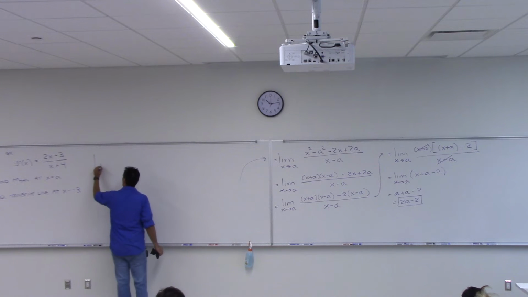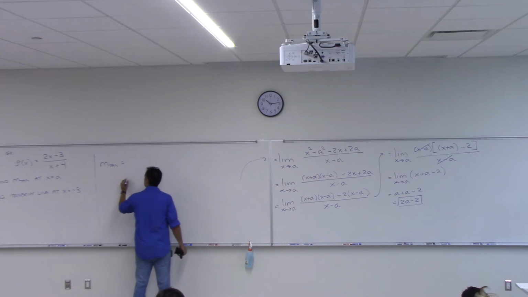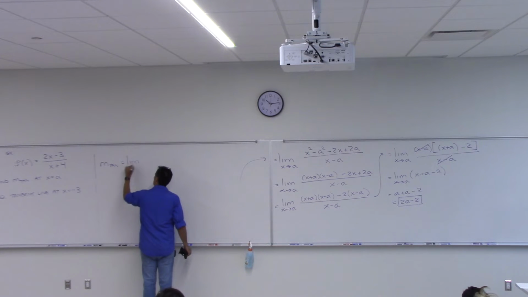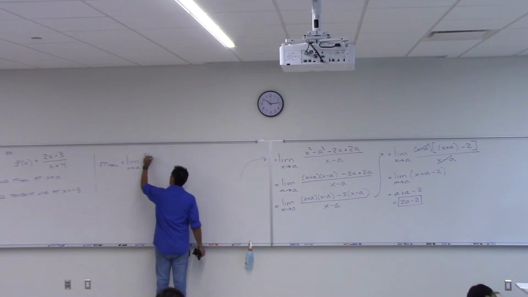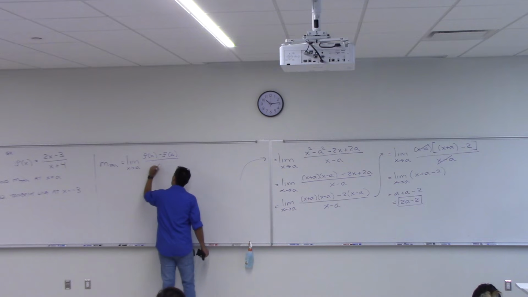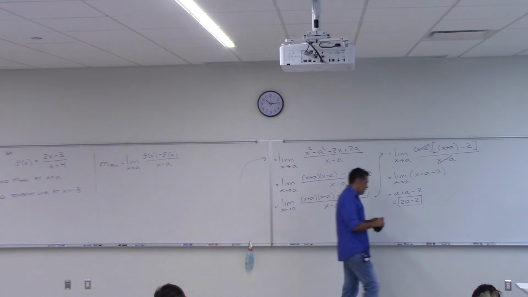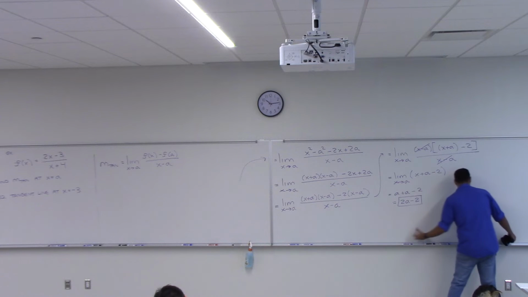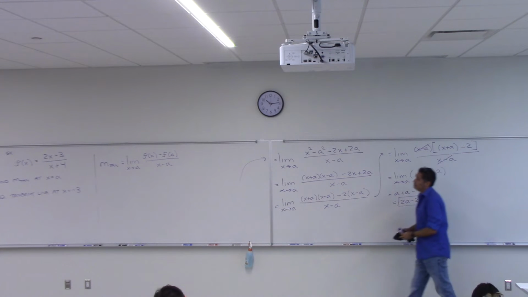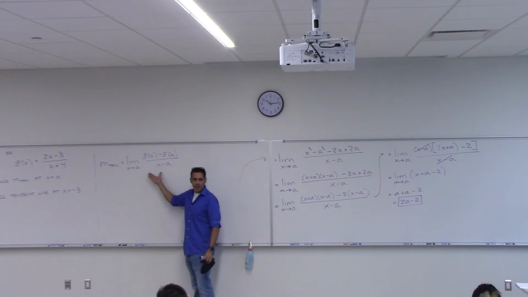So first thing, I write the definition. Limit as x goes to a of f of x minus f of a over x minus a. That's one of the most important expressions in Calculus 1, right there.